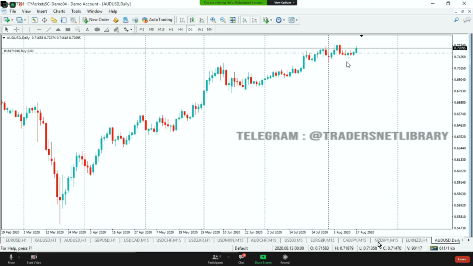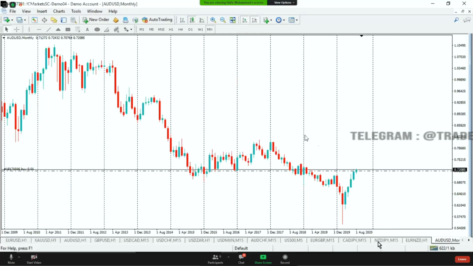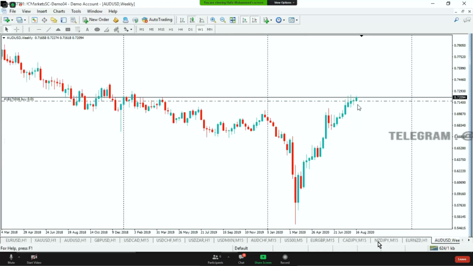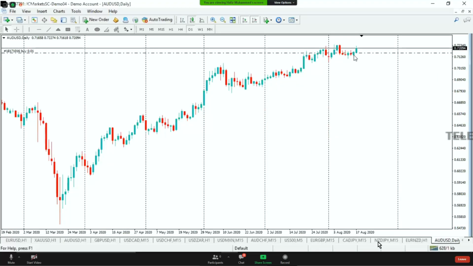So now we are looking at that. We want to time the trades that we would have called today on AUD/USD because we've seen that the current bias is to the upside on the monthly chart. The same bias is to the upside on the daily chart. We are seeing a bullish candle on the monthly, a bullish candle on the weekly chart, and a bullish candle on the daily chart.